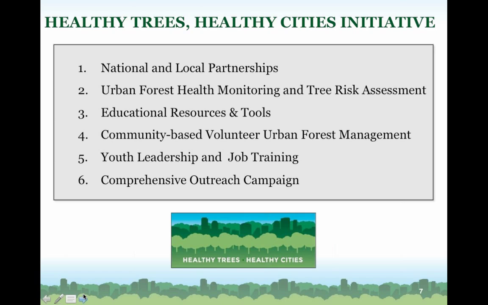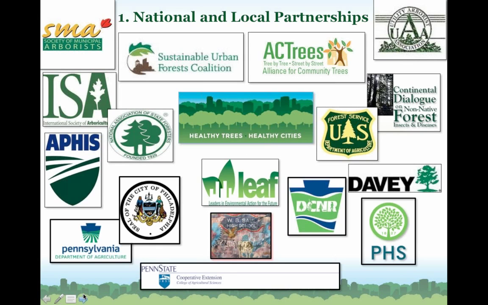Our educational resources and tools are our third component. The fourth, community-based volunteer urban forest management. Fifth, youth leadership and job training. And the sixth, our comprehensive outreach campaign. And I'm going to spend just a few minutes on each of these 6 components, and we'll gladly answer more questions at the end.